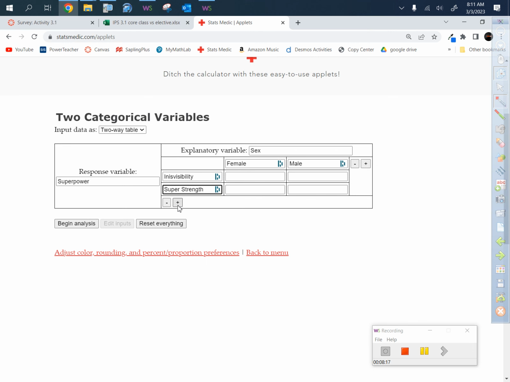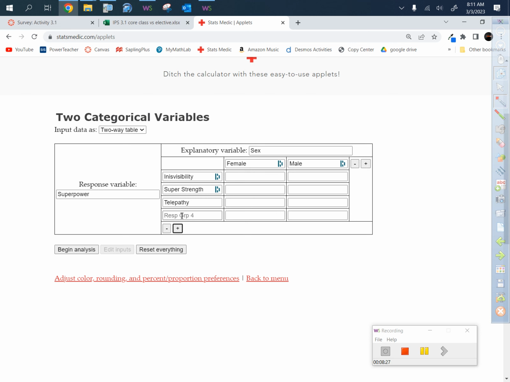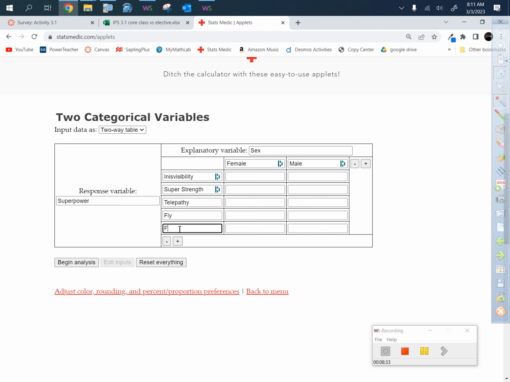You see what I'm talking about with the little plus? So then we're going to do telepathy. Add another one, fly. Add another one, freeze time. And for the most part, you pretty much got to type all those things in to understand the graph.